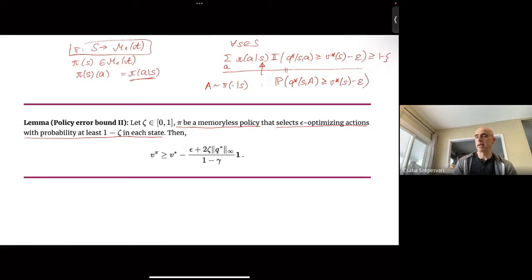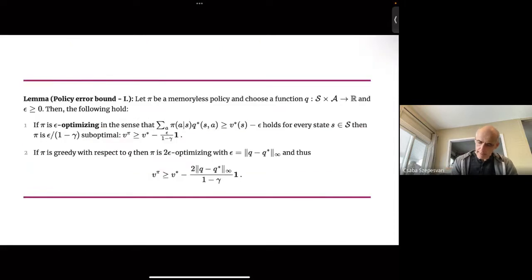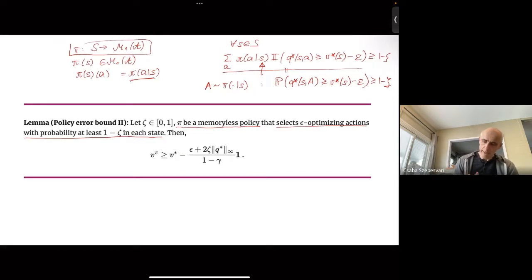So like it's a near optimal action. What's the probability that such an action is chosen? And we require that this should be large. Okay. So that's the condition. And then the result just says that.